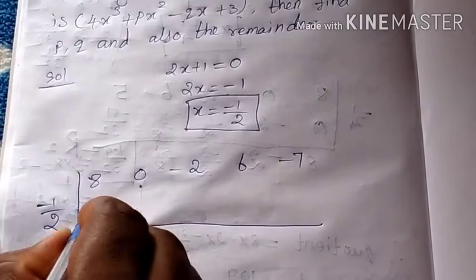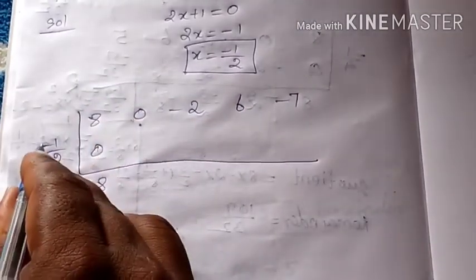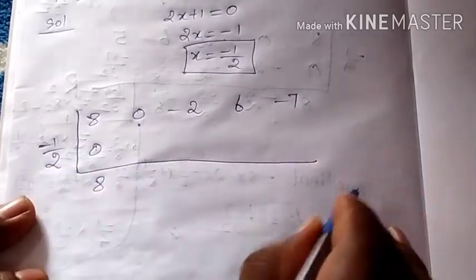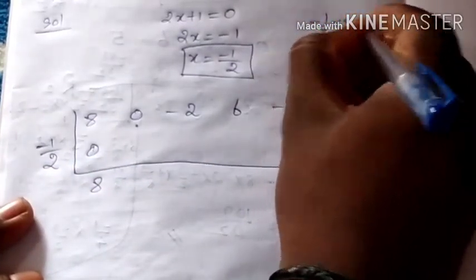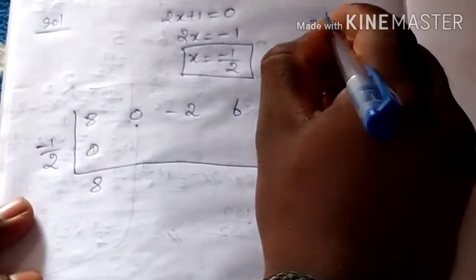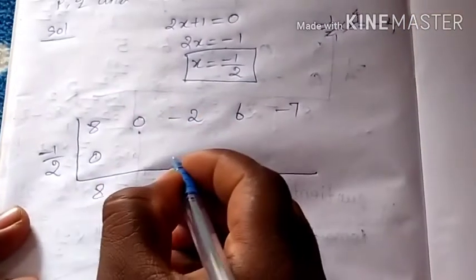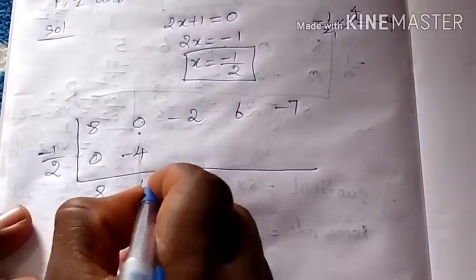The initial value is 0, so 8 plus 0 is 8, then minus 1 by 2 into 8, 1 2s are 2, 4 2s are 8, minus into plus, minus 1 4s are 4, so minus 4 we get. So 0 minus 4 is minus 4.